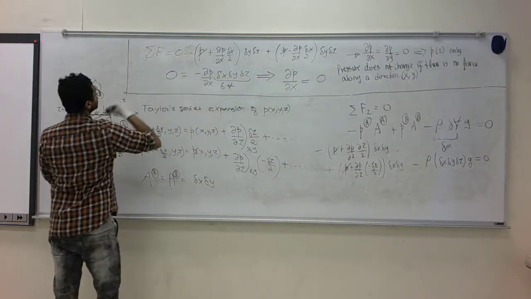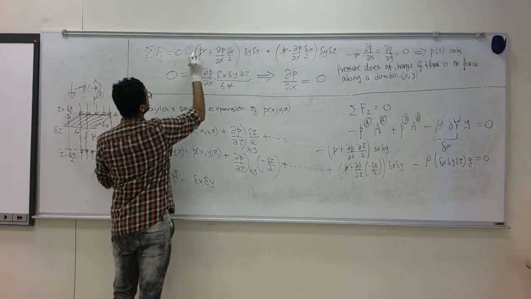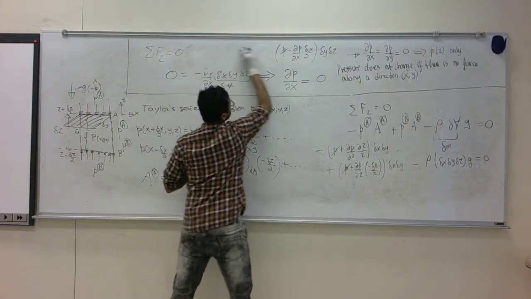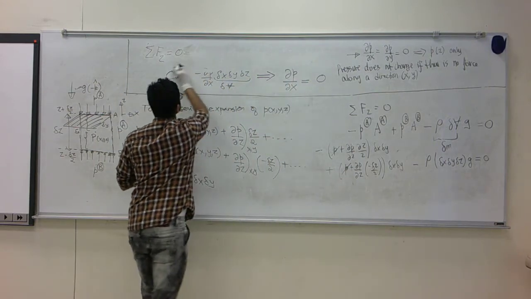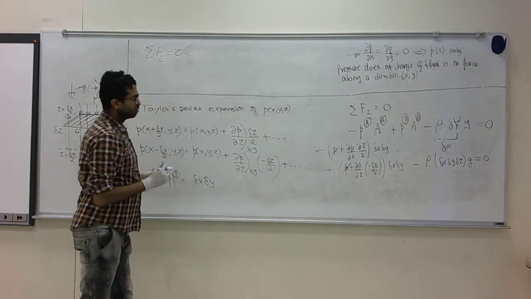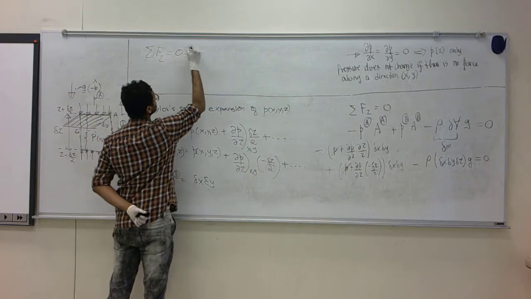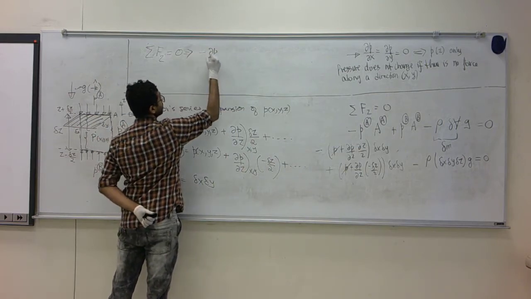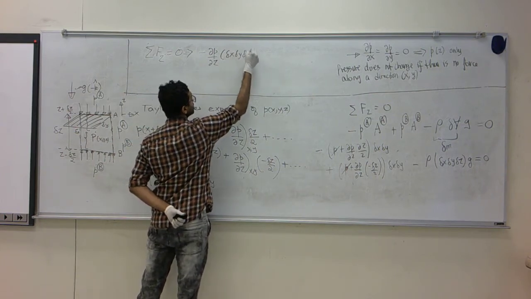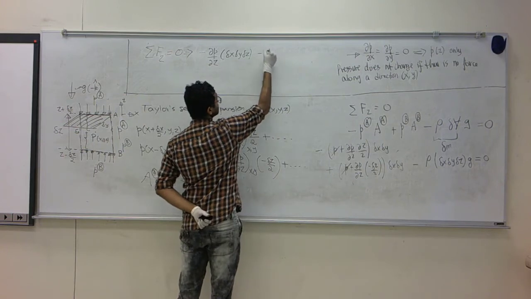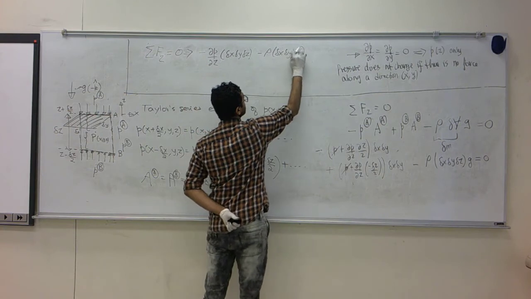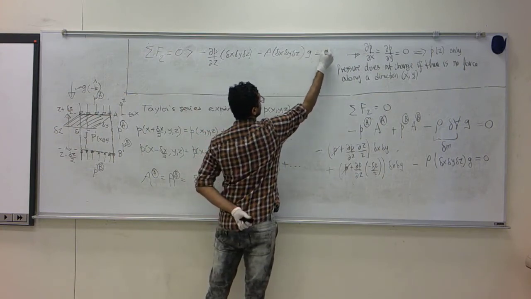So if I continue, I have minus partial P over partial Z times delta x delta y delta z, minus density times delta x delta y delta z times g equals 0.